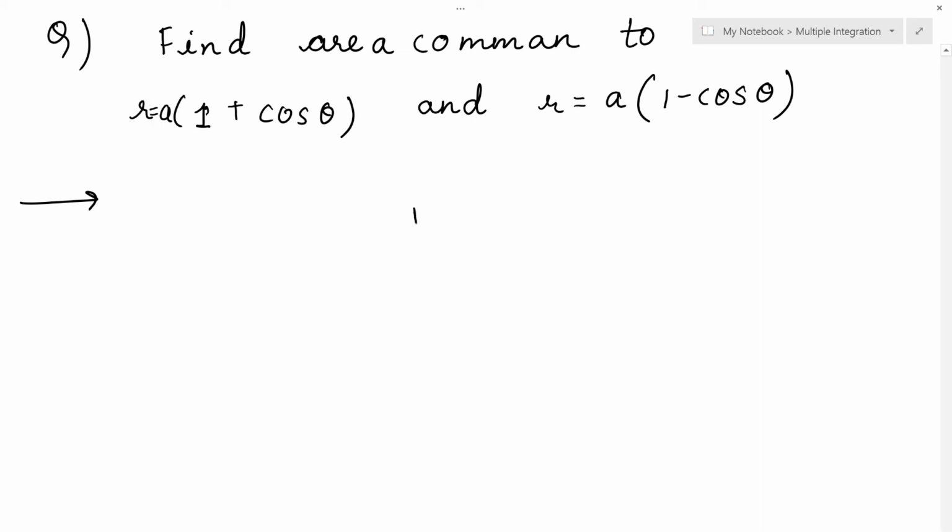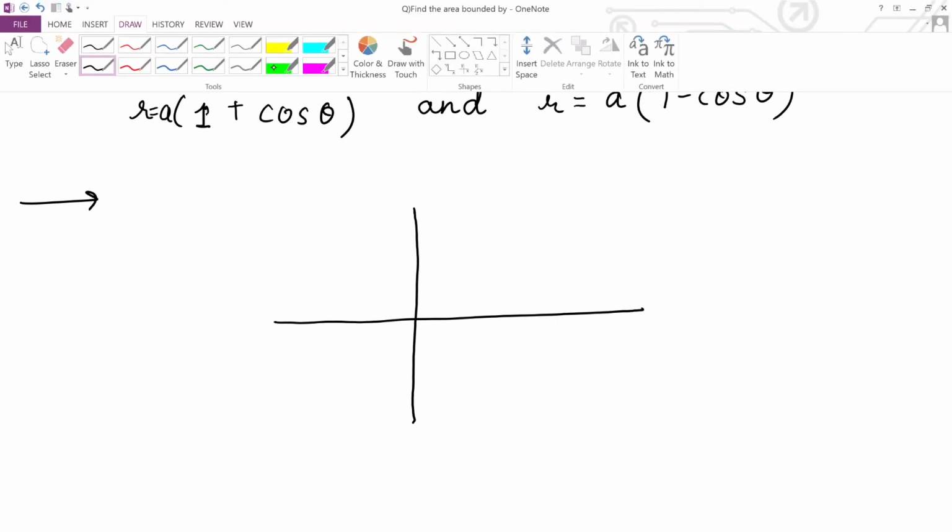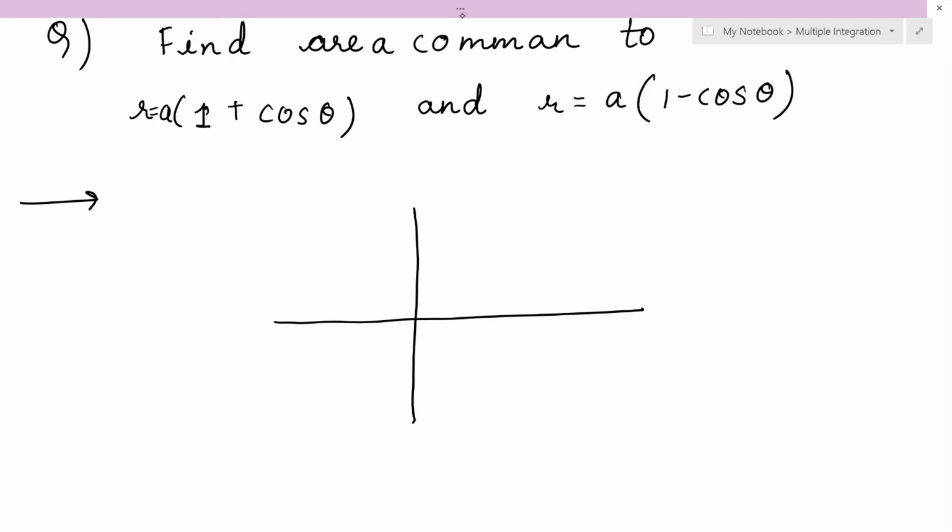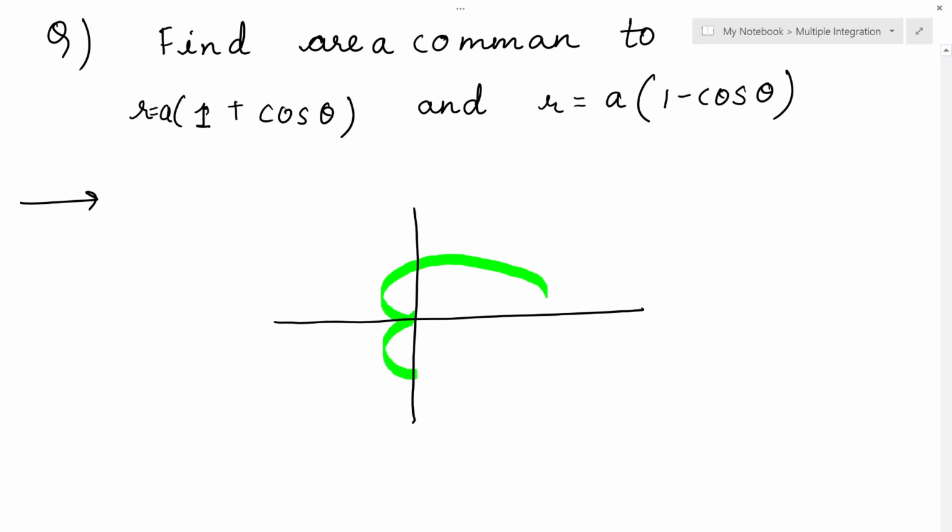So let's draw these two cardioids first. So this will be one cardioid this way. This is r is equal to a into 1 plus cos theta.